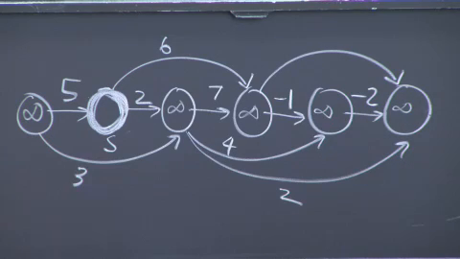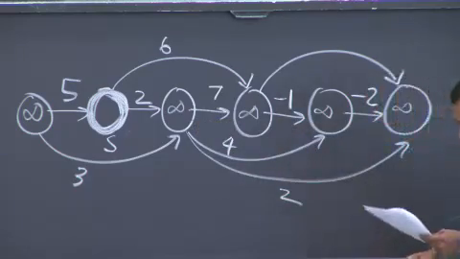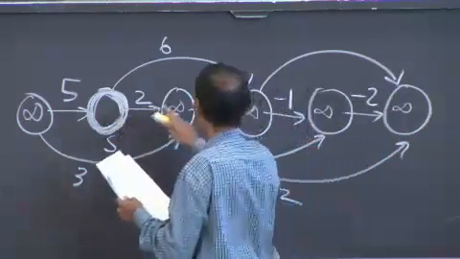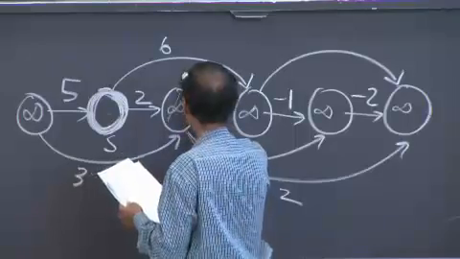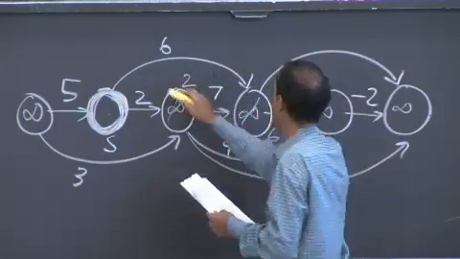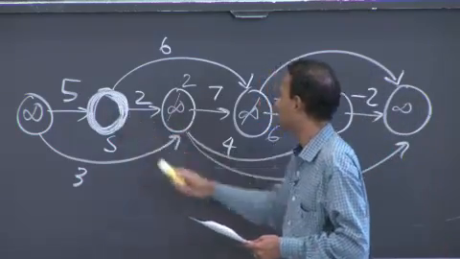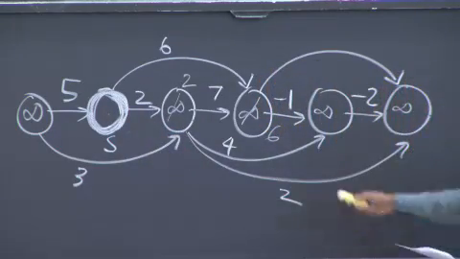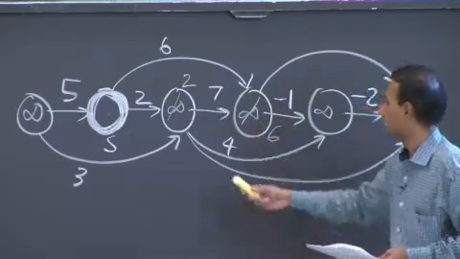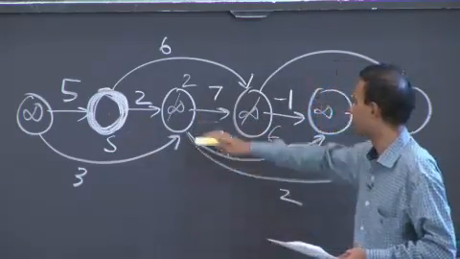And you're going to update those values. And so when you go like so, this becomes 2. This becomes 6 as I follow that. And I'm done with this vertex S. And this is what I have, 2 and 6. So the next step is to get to this vertex.